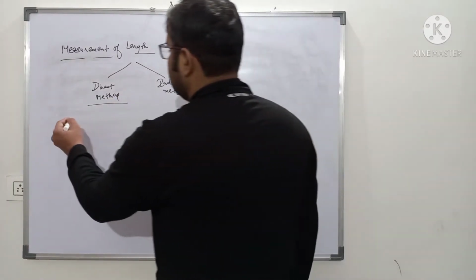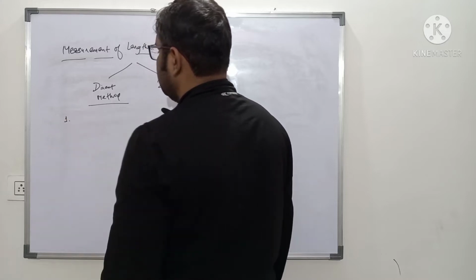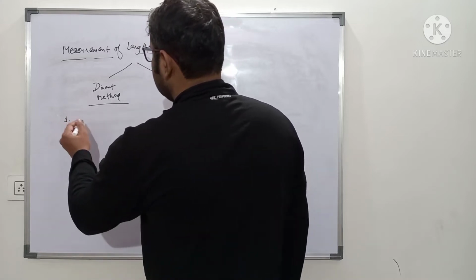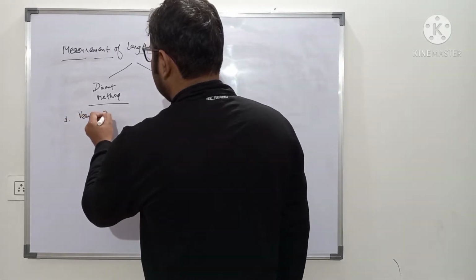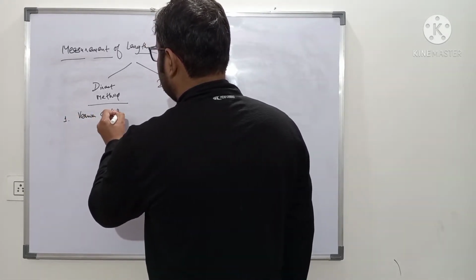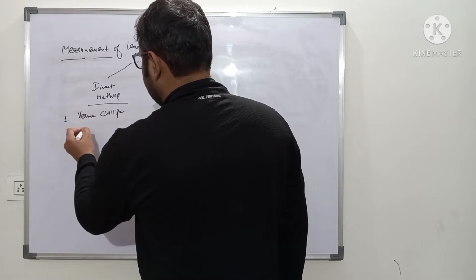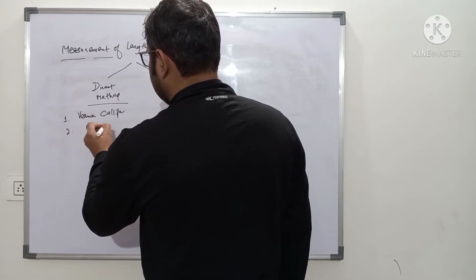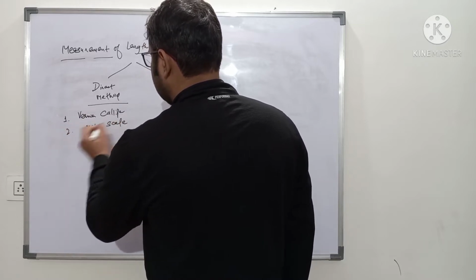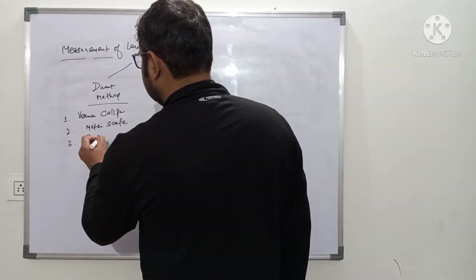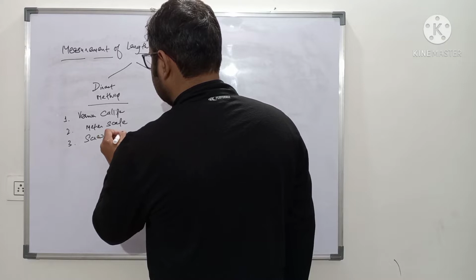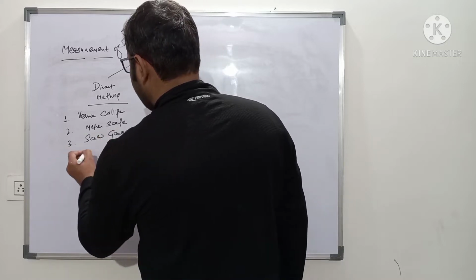Direct method is something which is used to measure length by using instruments like vernier caliper, meter scale, screw gauge, spherometer.